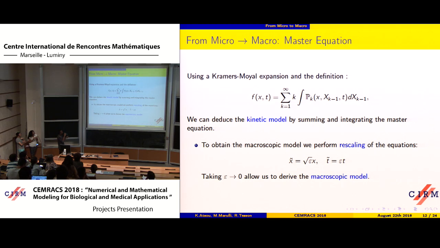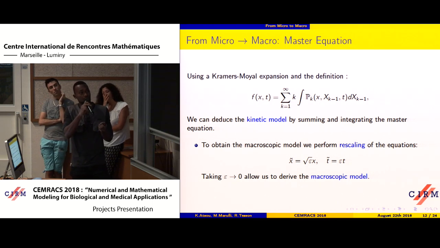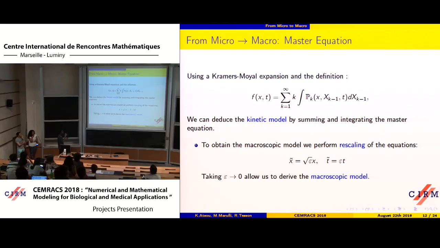So you put the expression in the equation, you integrate, and by summing the equation you get a kinetic equation. To obtain the macroscopic model from this kinetic equation, we perform the rescaling of the equation. We rescale in space and time with an epsilon, and we take the limit when epsilon goes to 0, which allows us to derive the macroscopic model.